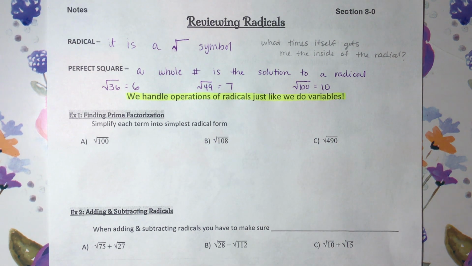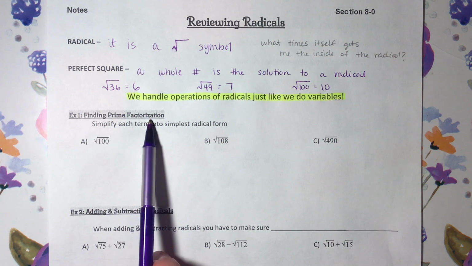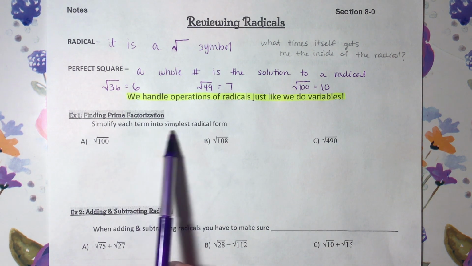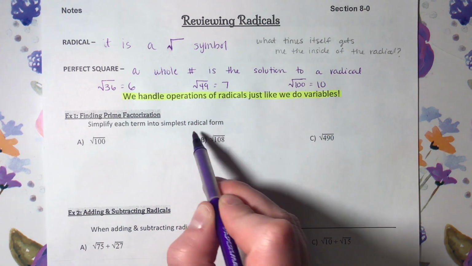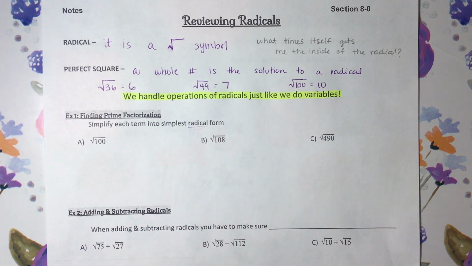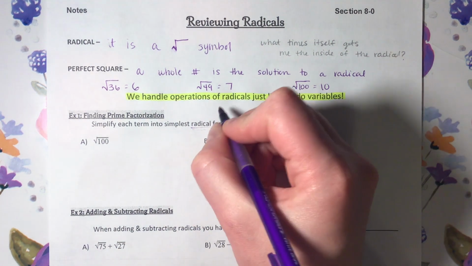So let's go ahead and begin just practicing some of this, and you're going to see this kind of unfold. So here, example 1 is finding prime factorization. It says simplify each term into simplest radical form. So this just means leave it as a radical if need be. Do not use decimals.